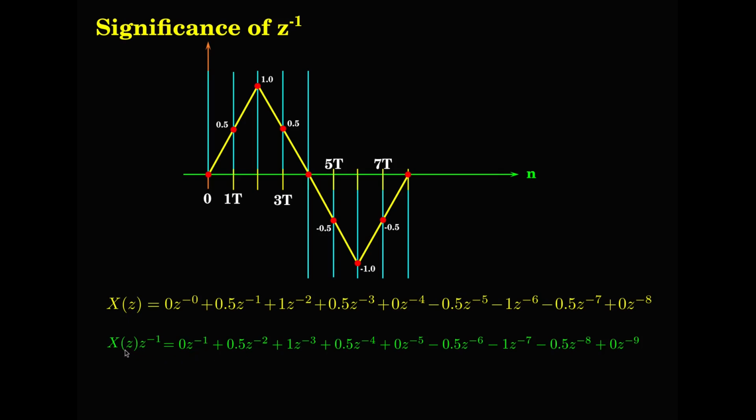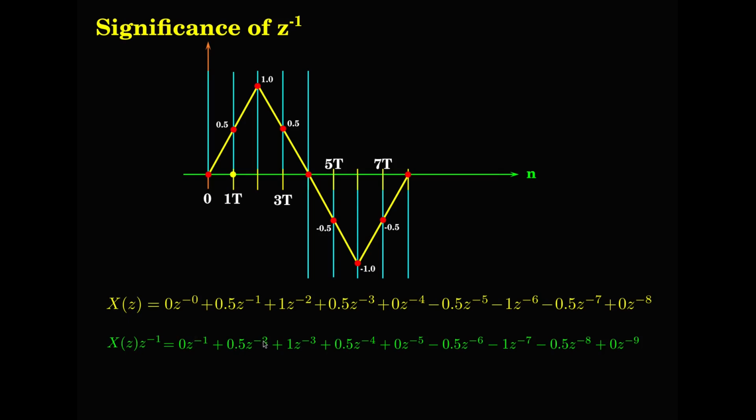Now let me replot this green equation. What does it mean? 0 Z to the power of minus 1 implies this sample occurs at one sample time. So at one sample time it is 0. So I will place that.